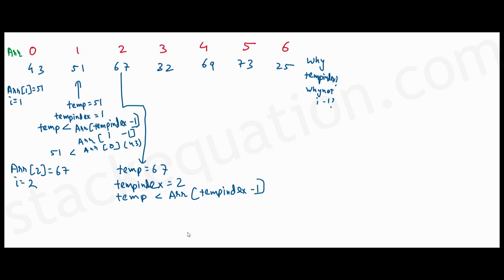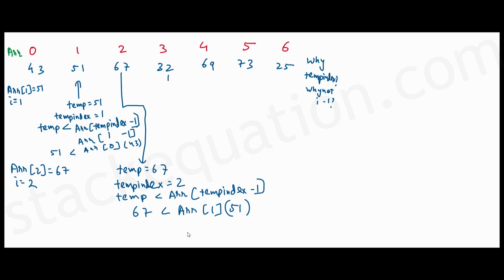Temporary is 67, and temporary index is 2, so 2 minus 1 is array of 1, that is the previous element, which is 51. Is 67 lesser than 51? No, it's not. They are in proper order, so we move on.